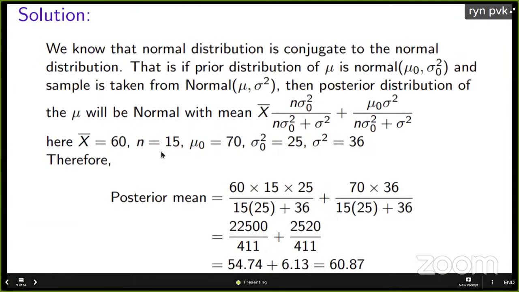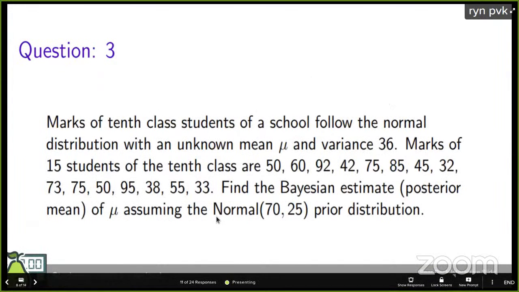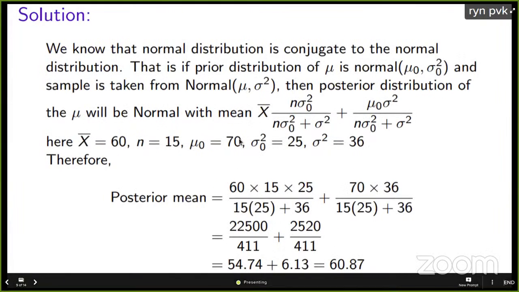n equals 15, the number of samples. What is mu naught? Mu naught is the mean of the prior distribution. Since we know that the prior distribution is normal(70, 25), it is 70. Sigma naught square is 25, the variance of the prior distribution.